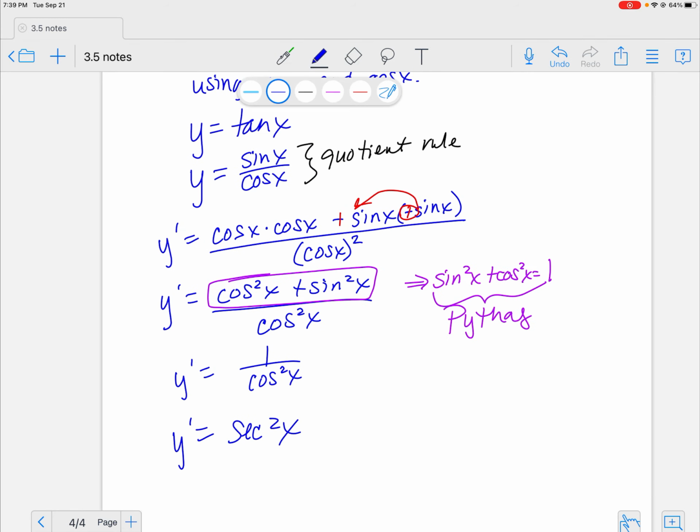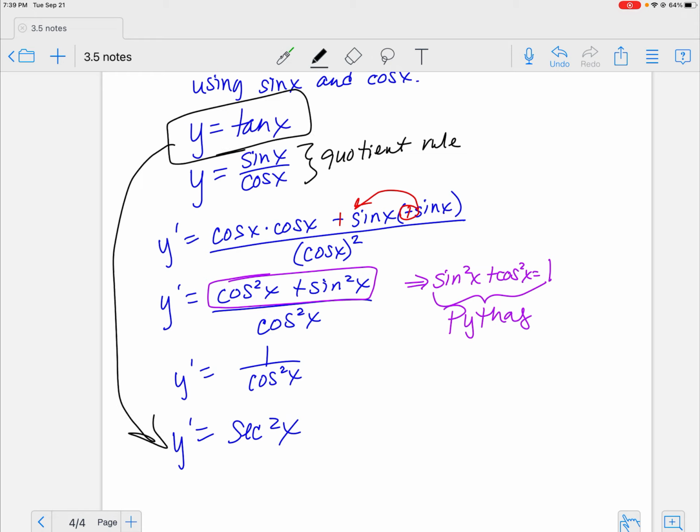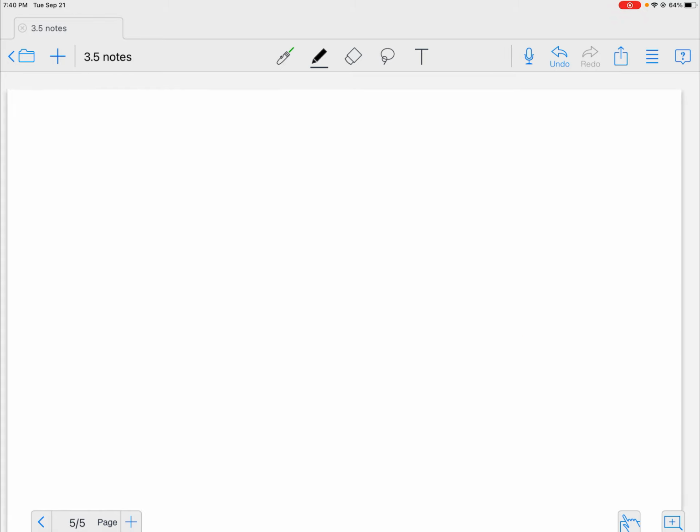So we know, because we're awesome and we're learning this stuff, the derivative of tangent is secant squared. And we just proved it. All right? Okay. You can prove all the rest of them too. We're not going to take the time to do that in class, but you are welcome to look that up and see those proofs, because honestly, it's really pretty cool just how you manipulate those identities and work them through.